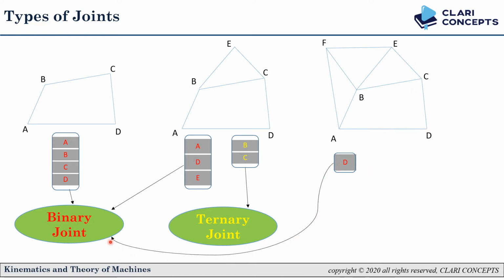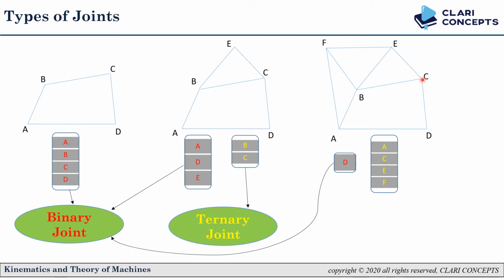So we are locating that D is our binary joint. Then A, C, E and F. Observe at A, C, E and F. We will take it one by one. At A, here you can see AB, AD and AF. 3 links are connected. So this is a ternary joint.